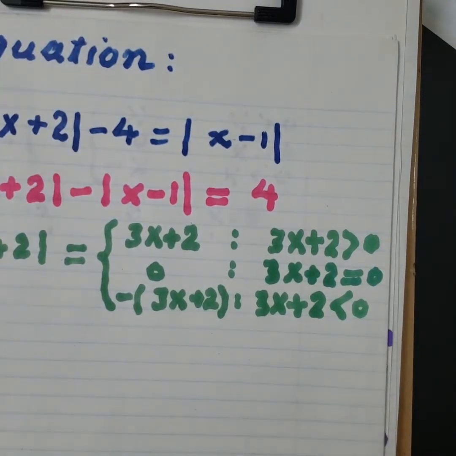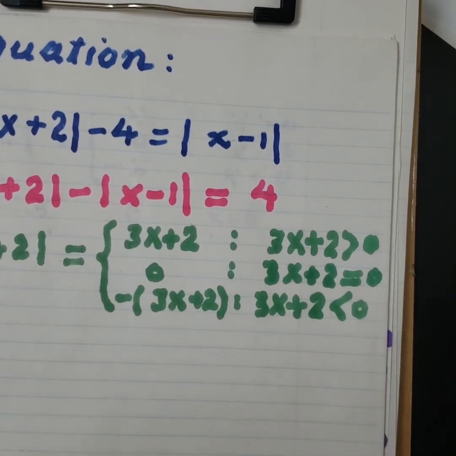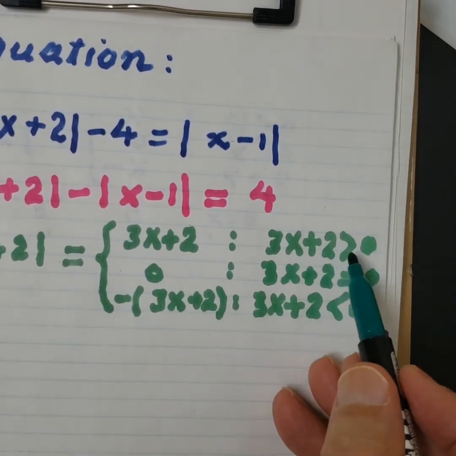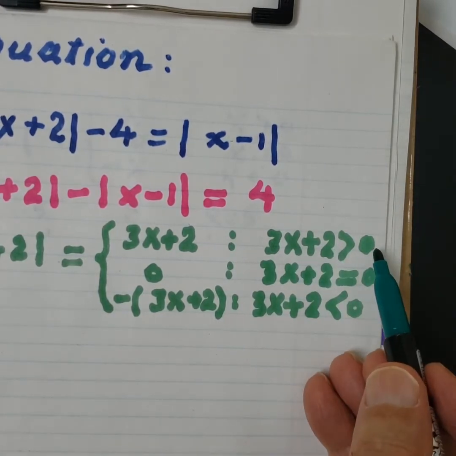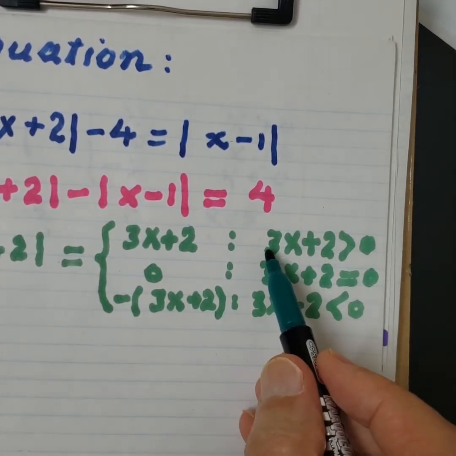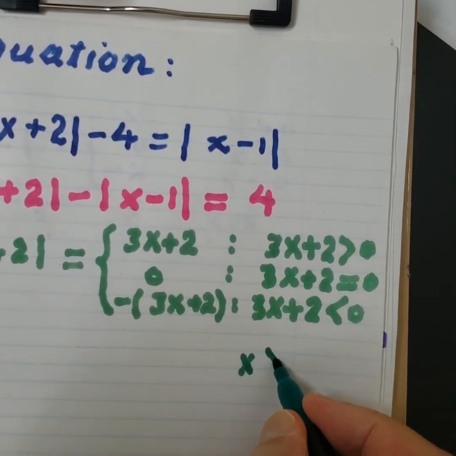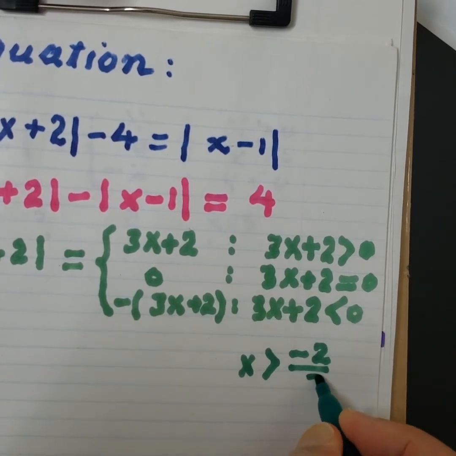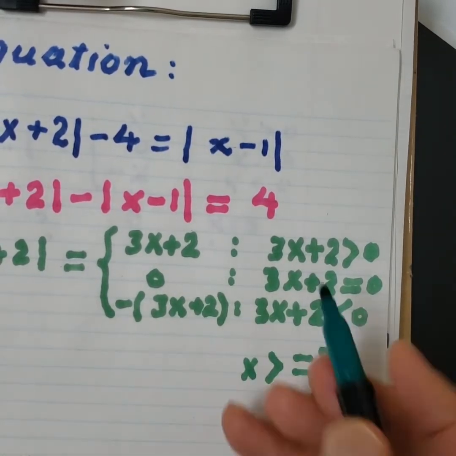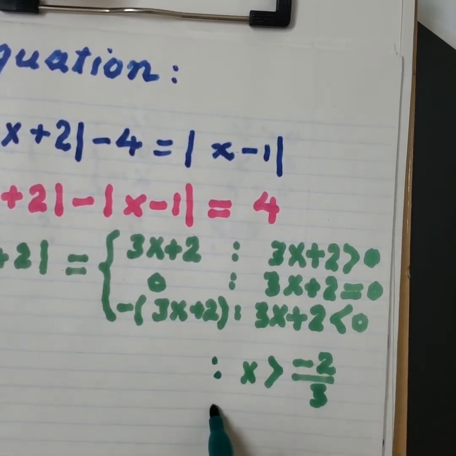These are the three shapes, and this condition we can simplify by moving plus 2 to the other side and then dividing by 3. So it will be x is greater than minus 2 over 3. This condition I wrote here in simple form, so I will write it 3 times.